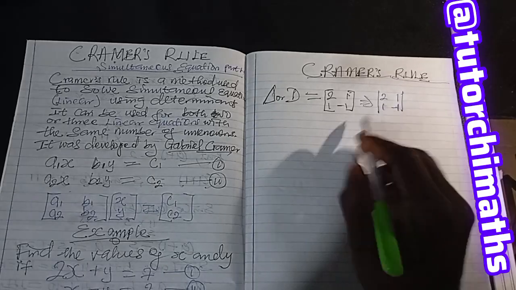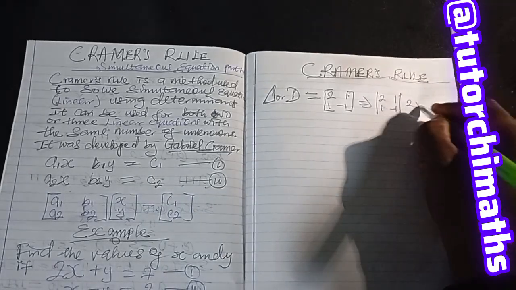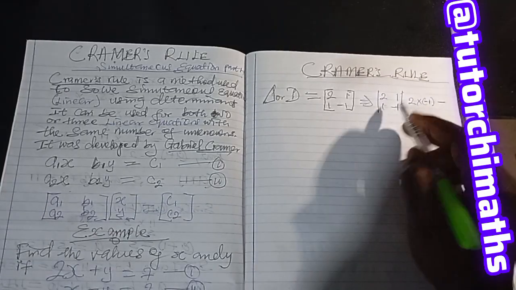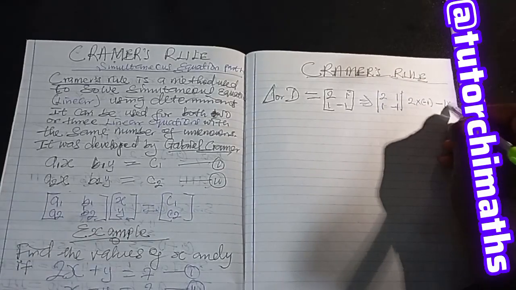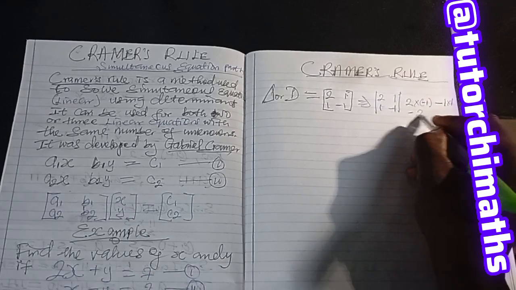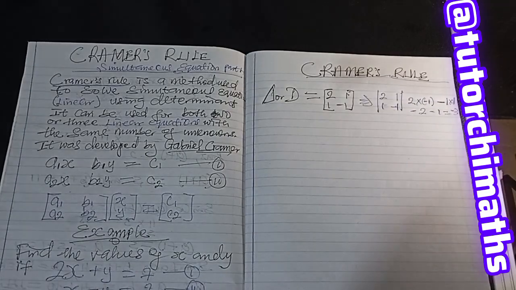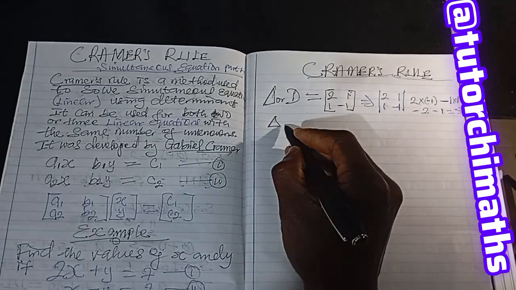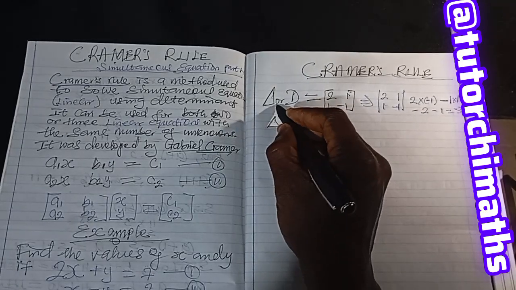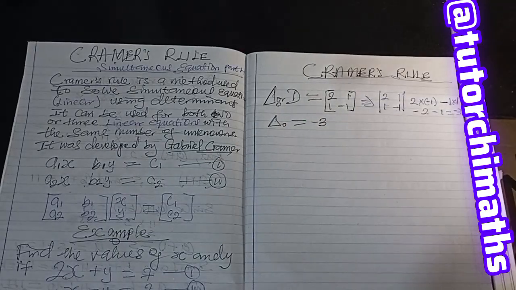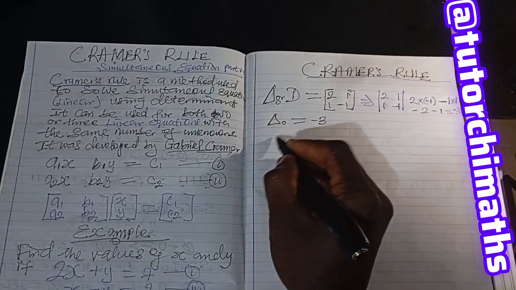So 2 times minus 1, we have here 2 multiplied by bracket minus 1, then minus 1 times 1, so we have here minus 2 minus 1. This is minus 3, okay? So change 0 here is equal to minus 3, or you just call it d.